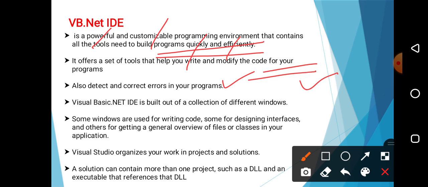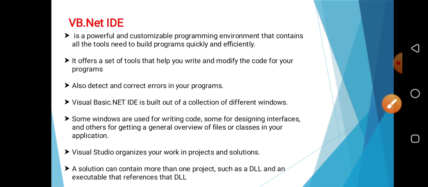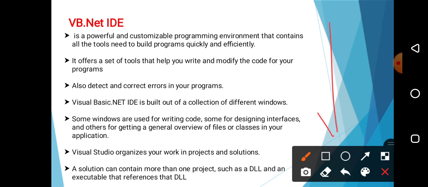These windows help you write the code, design the interfaces, as well as get a general overview of the files and classes. We will check this out later. Visual Studio organizes your work in a project and solution. And we can easily say that the VB.NET IDE is an environment which helps you create a program.